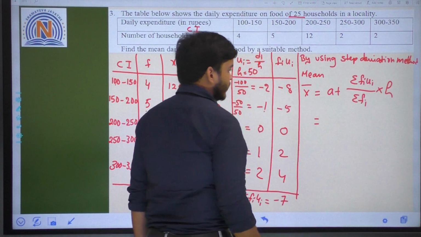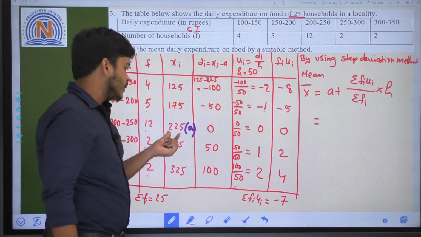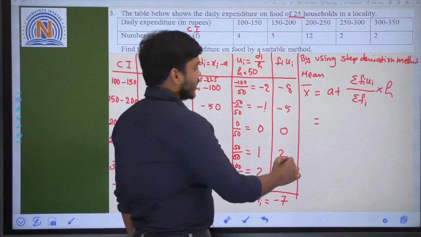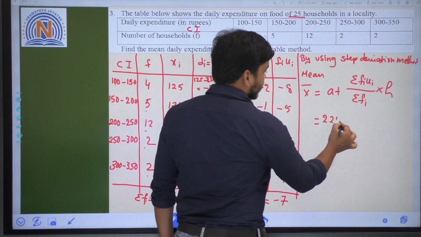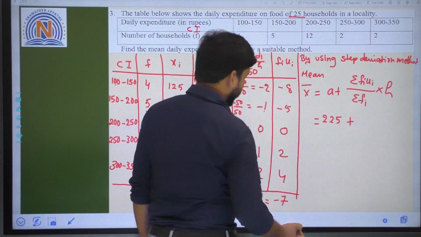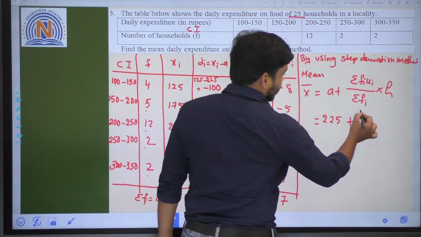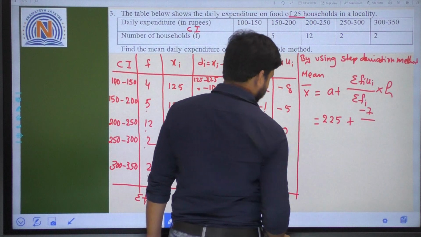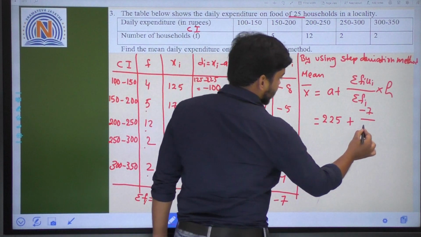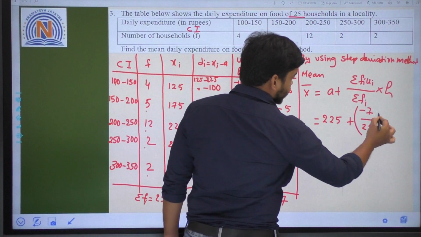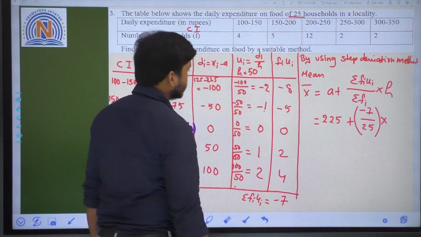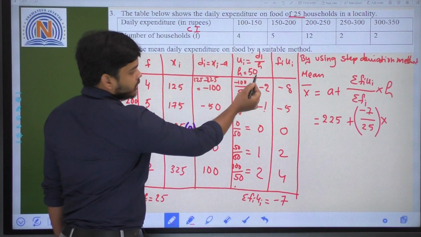Here a is the assumed value. I am assuming 225 as the assumed value. So 225 plus sigma fi ui, which is minus 7, by sigma fi, which is 25, into h, where we are taking h as 50.